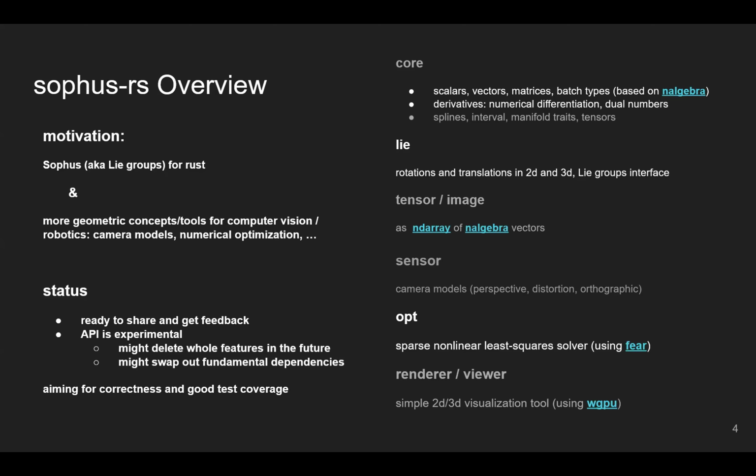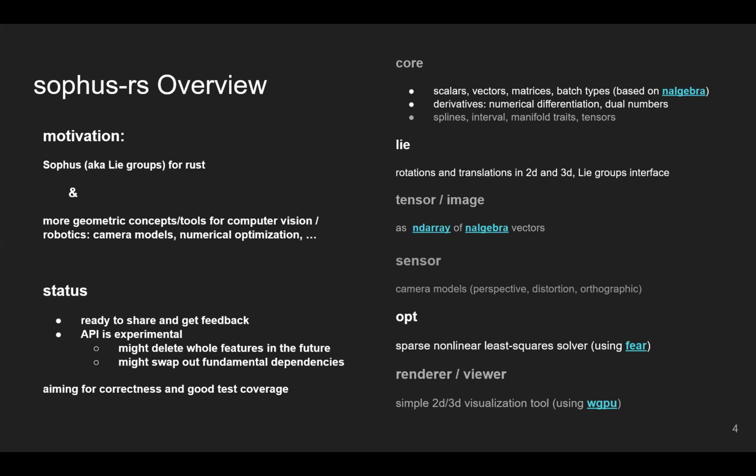So the current status of the library is, well, I'm ready to share and get feedback. The API is still unstable in a way that I might delete whole features or swap out fundamental dependencies. But I'm really aiming for correctness and good test coverage.